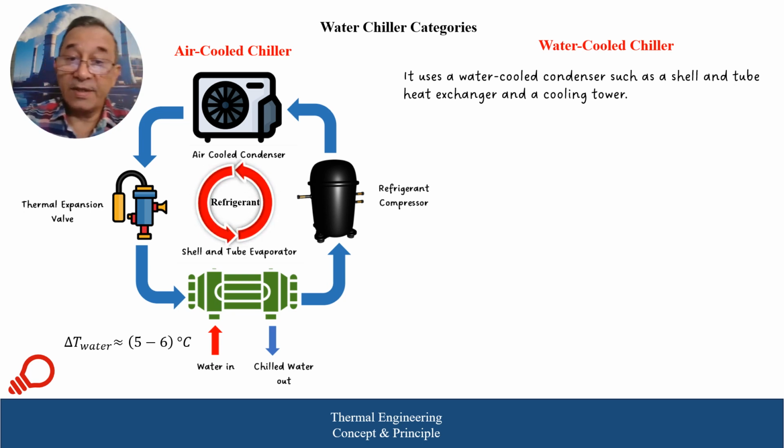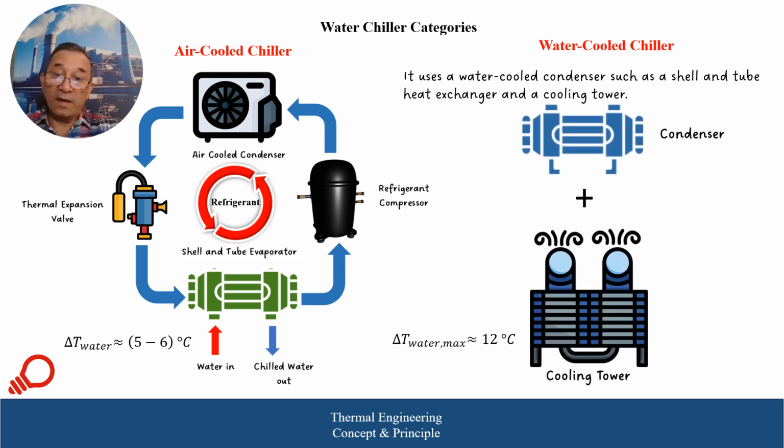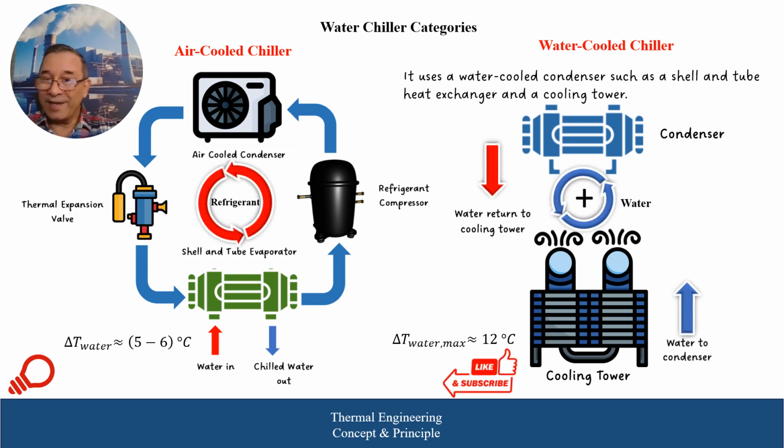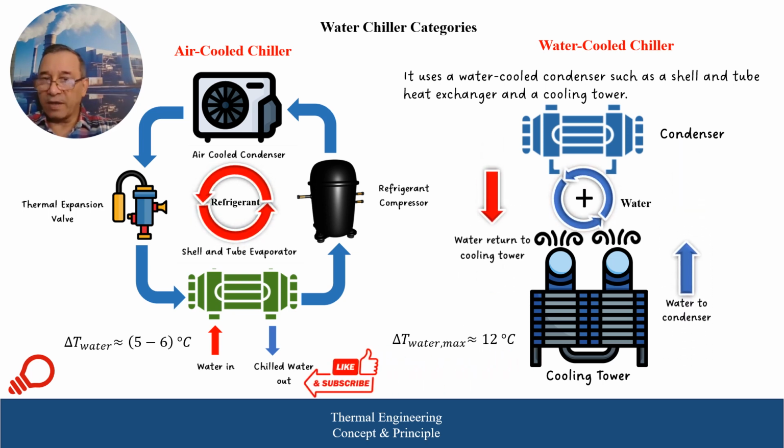Water cooled chillers require a heat exchanger, which is a shell and tube, and water to be supplied from a cooling tower. The refrigerant, which is circulated in the cycle, passes through the heat exchanger, such as shell and tube, and cold water is usually supplied from a cooling tower.